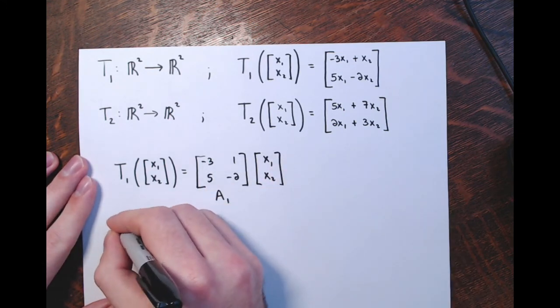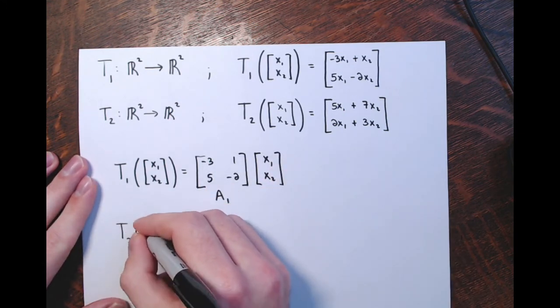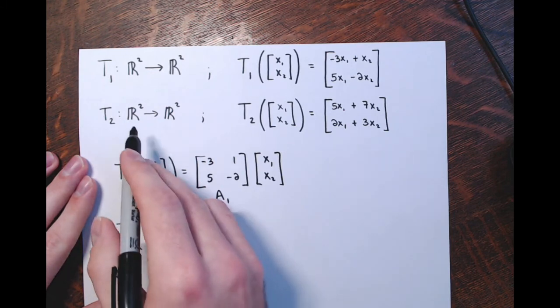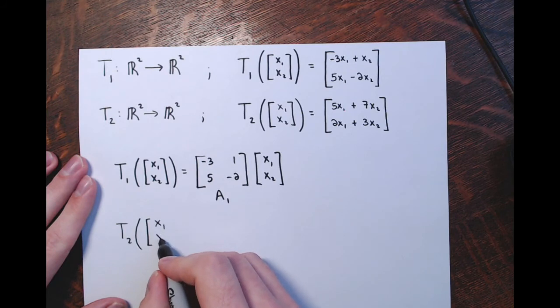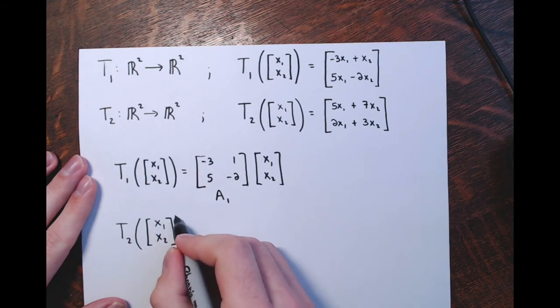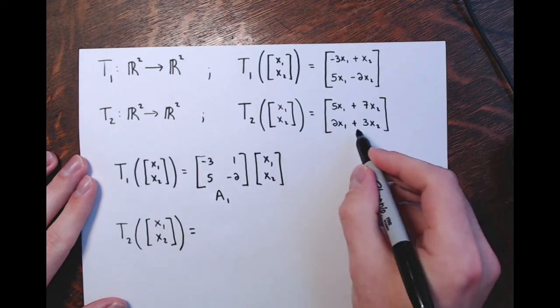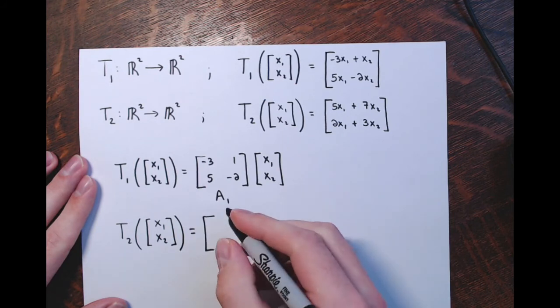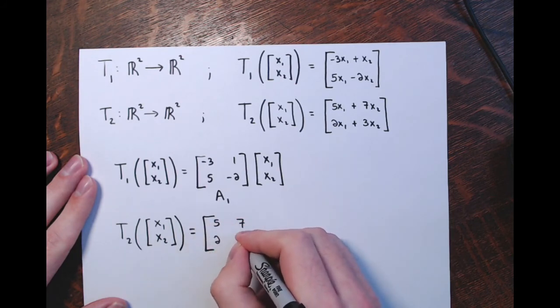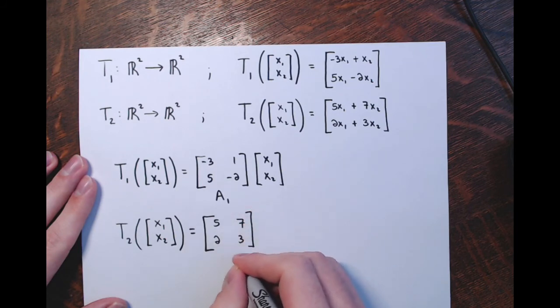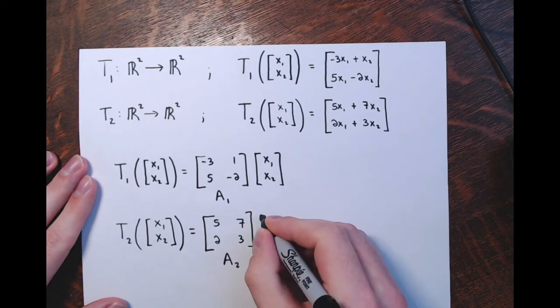And same thing for T2. Most of these linear transformations between Euclidean spaces are really easy to write as a matrix transformation. And again, a 2 by 2 standard matrix. First column 5, 2, second column 7, 3. And this is A2.